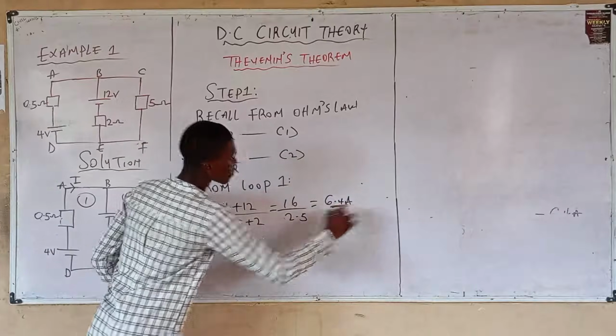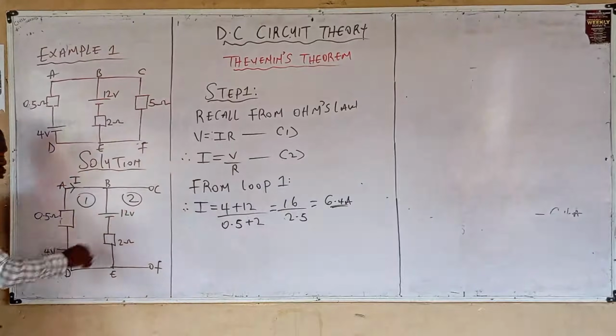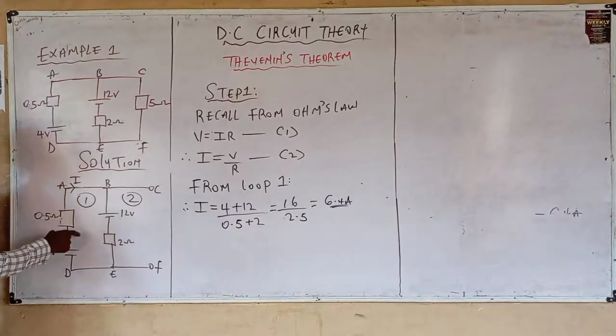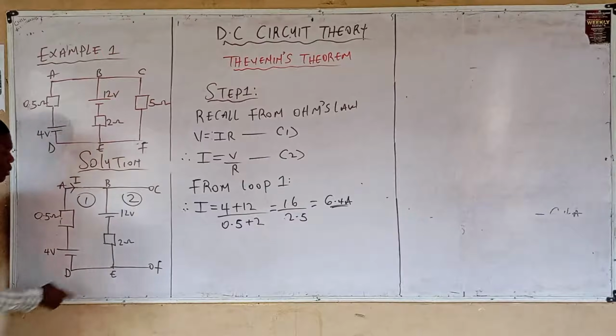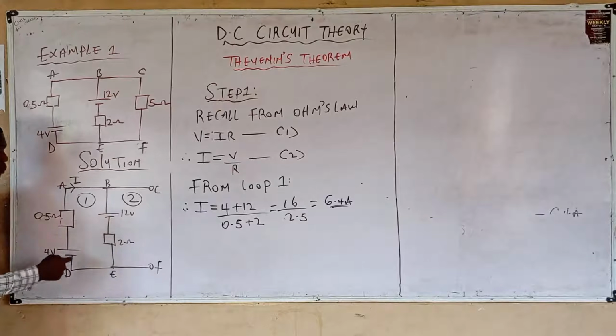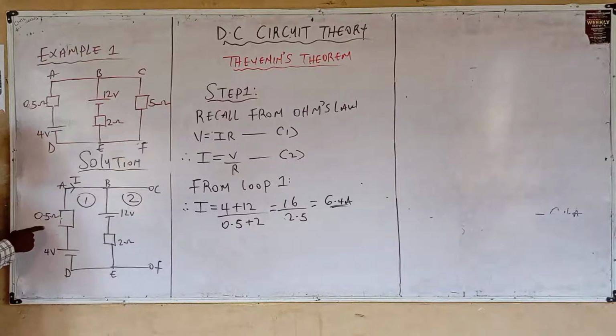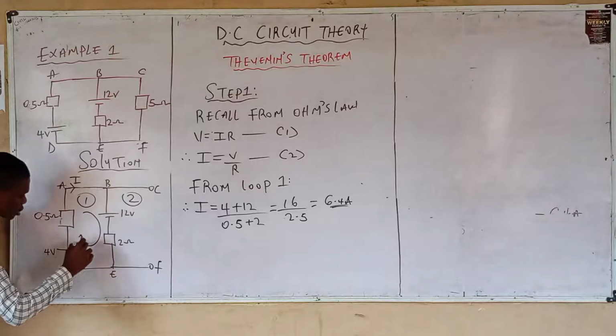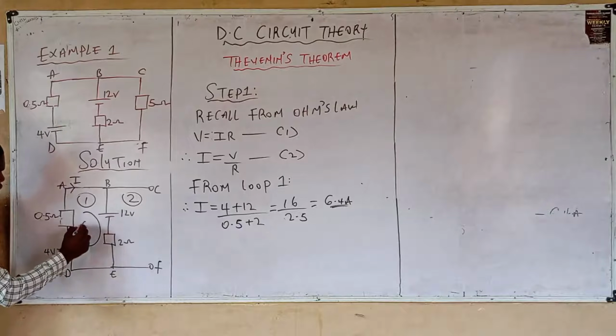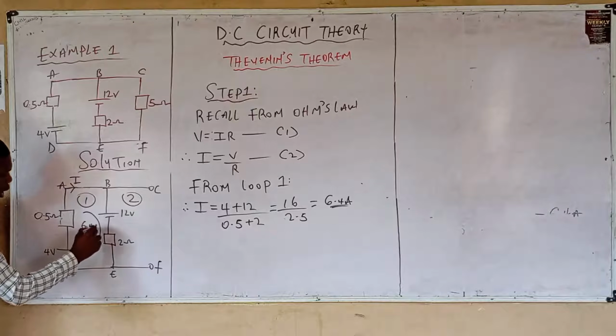Meaning, for loop 1, the current flowing is 6.4 ampere. That is, 6.4 ampere is flowing through the 2 ohm resistor, and 6.4 ampere through the 0.5 ohm resistor. The current goes in this direction, 6.4 ampere.